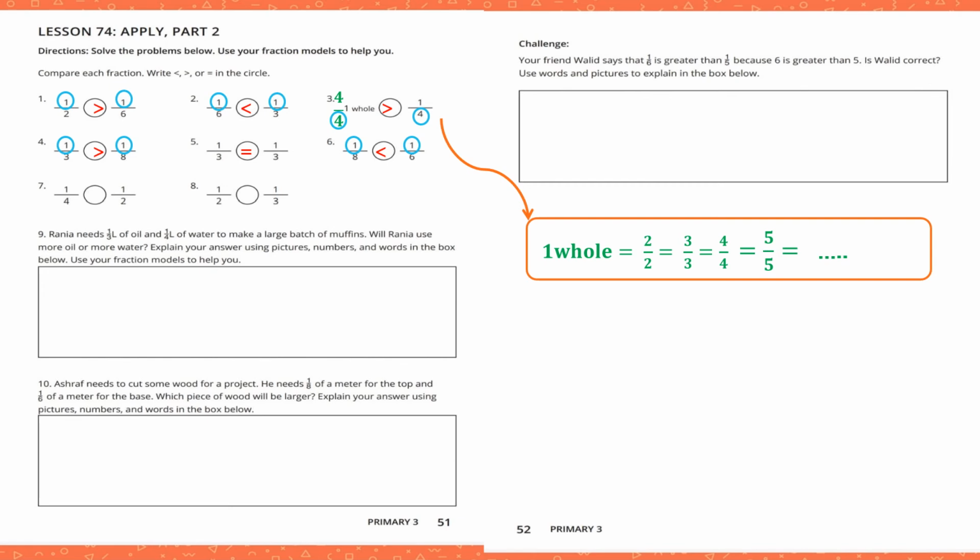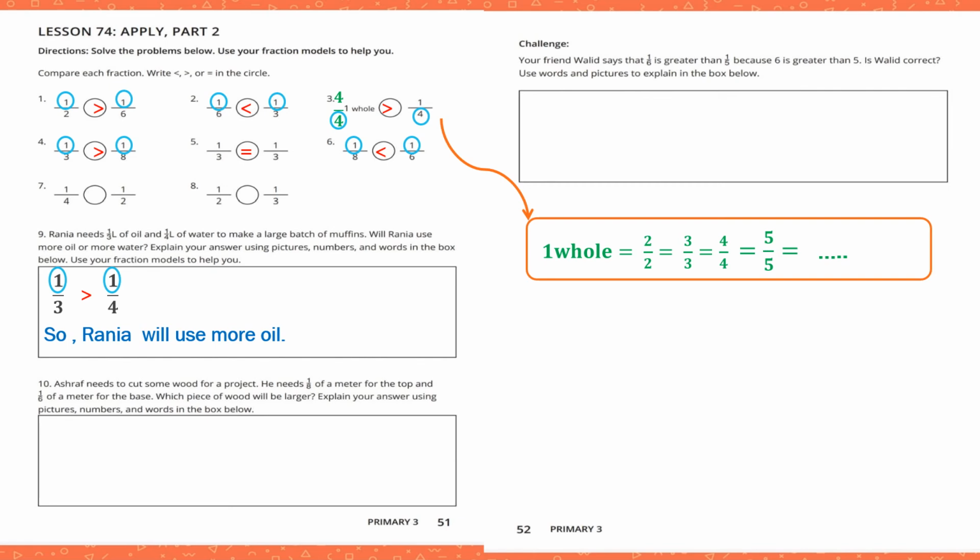We said before we have in numerators 1 and 1, so the smaller denominator is bigger. So third is bigger. The same numerator, so the big denominator is smaller and the small denominator is bigger. Yes, it's crazy. Okay, so Rania will use more oil because we have third in oil.